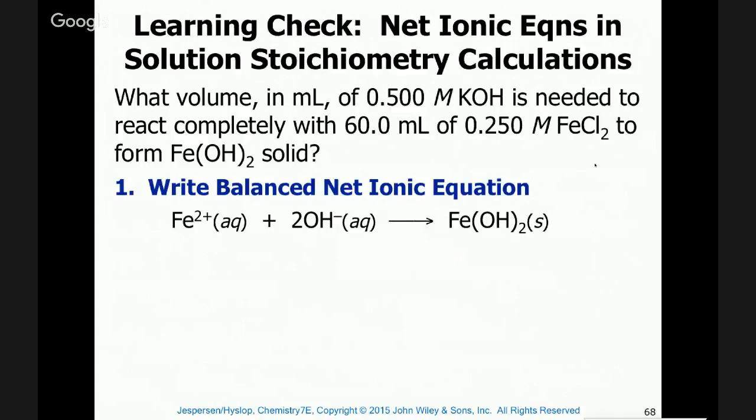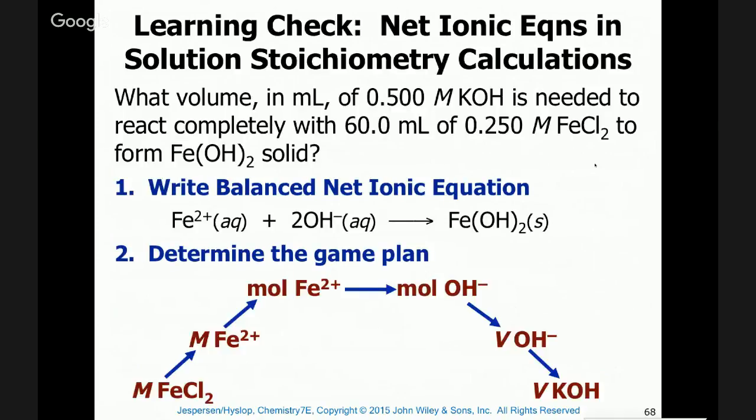So here's an example. We need to write the net ionic equation, determine the game plan. So this one's a little bit longer because we have to go from moles of FeCl2. We need to get to KOH.